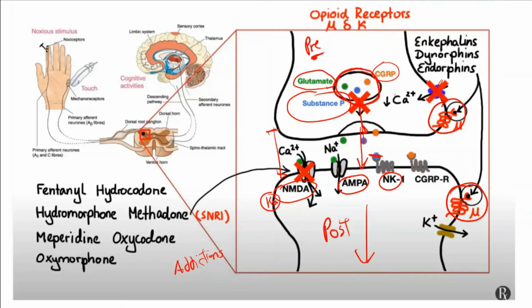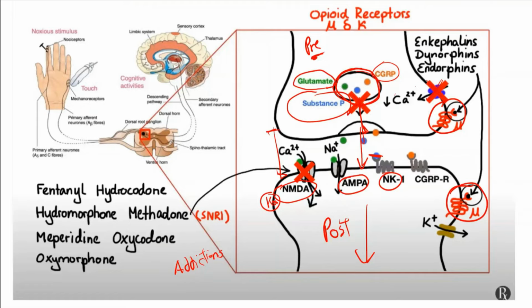If you close calcium channels, what will happen? The neuron will not have enough potential generated to release glutamate and substance P from the synaptic vesicle, meaning this big red X: the synaptic vesicle will not open up into the synaptic cleft to release the neurotransmitters.